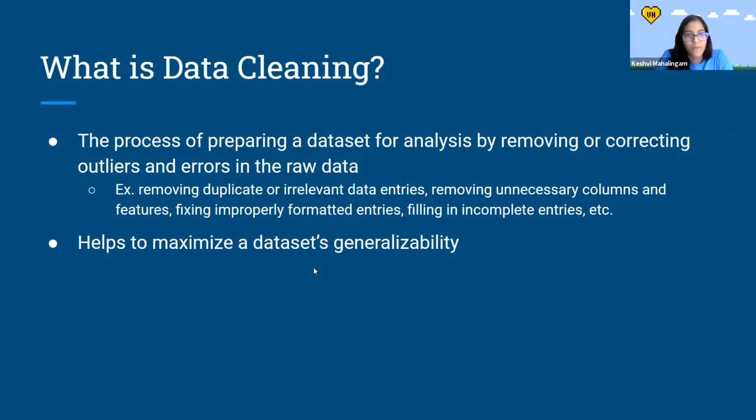All right, so now we're going to get into data cleaning, which is basically the data preparation stage of the data science lifecycle. In layman's terms, it's just the process of preparing a data set for analysis by removing or correcting outliers and errors in the raw data. So this step includes selecting which data is relevant and discarding any irrelevant data.